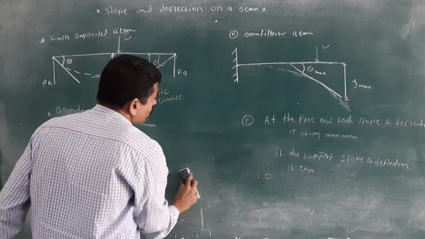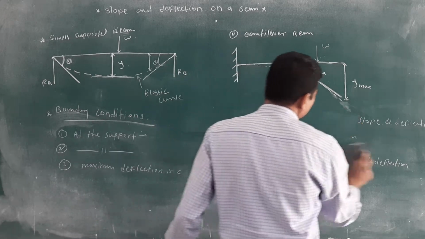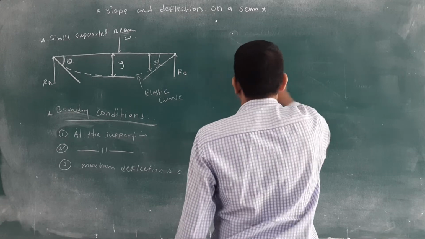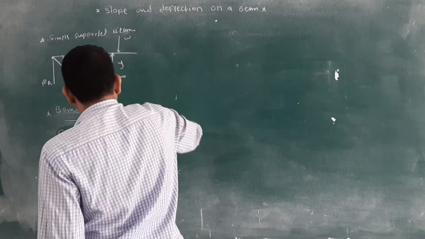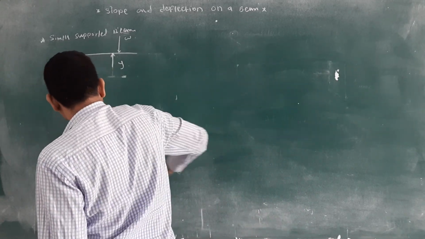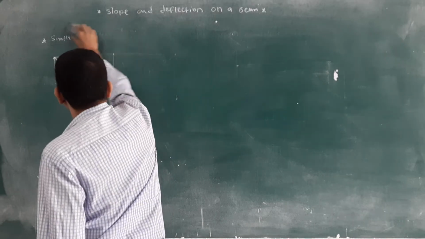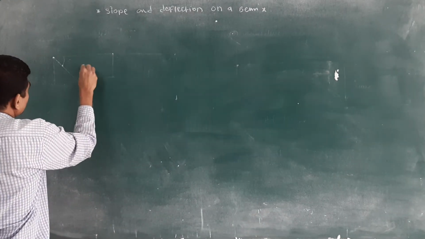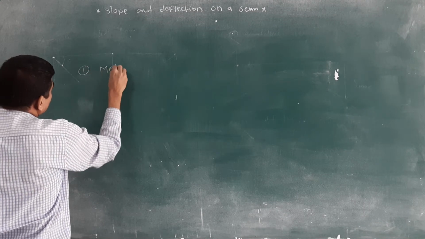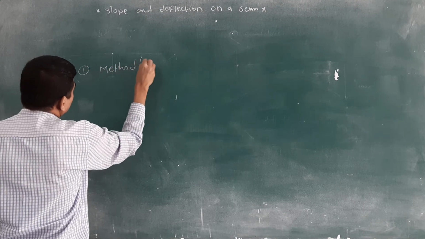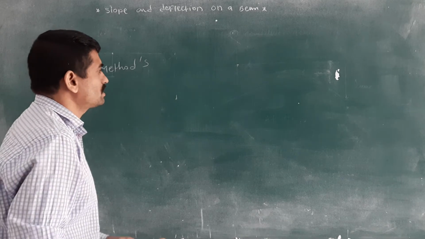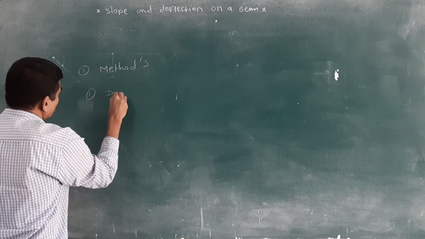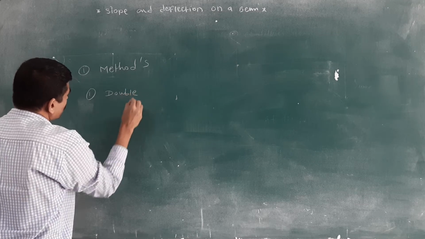Next, which method is used to find the slope and deflection? There are generally four methods given in your syllabus. First is the double integration method, with which you can find the slope and deflection.